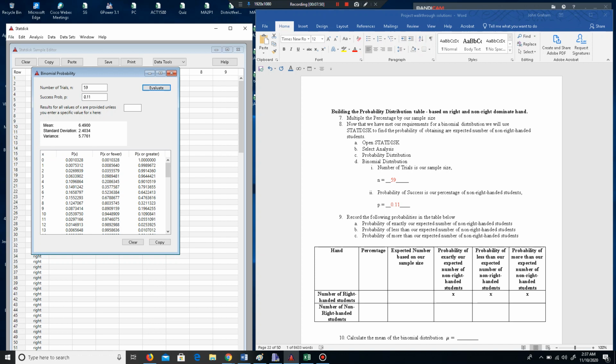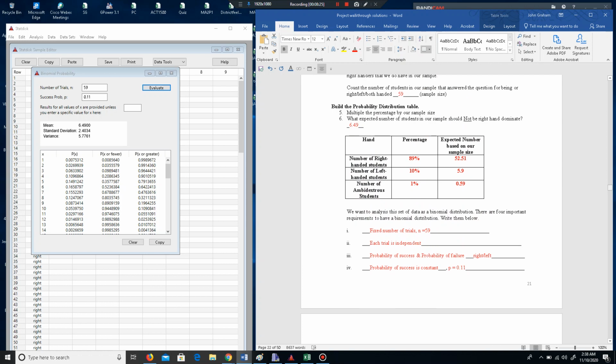It gives us a standard deviation, our variance, and then a lot of these different probabilities. The right-handed percentage was 0.89 and non-right was 0.11, with 52.51 and 6.49 as the expected numbers from what we did earlier.